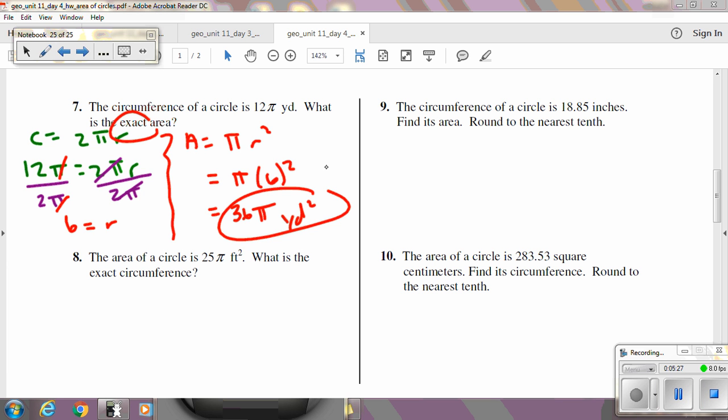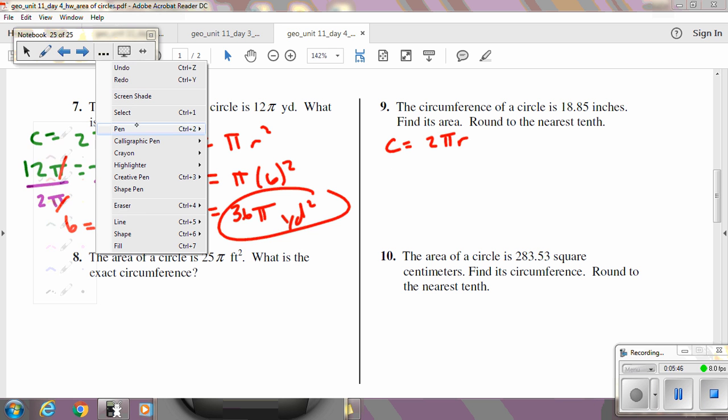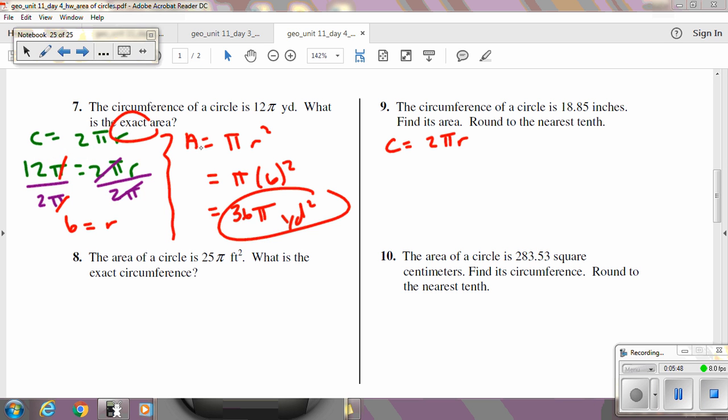For number 9, it's a lot similar to number 7, except they have the answer as decimals, so that means actually calculate using pi. So again, the circumference starts off as 2 times pi times radius. Substitute the circumference that they give us, 18.85, and rewrite the right-hand side.